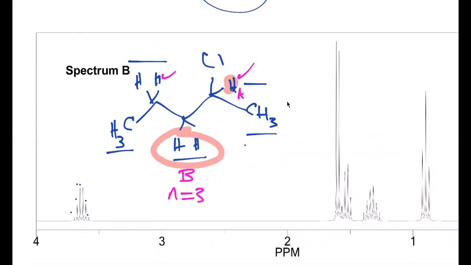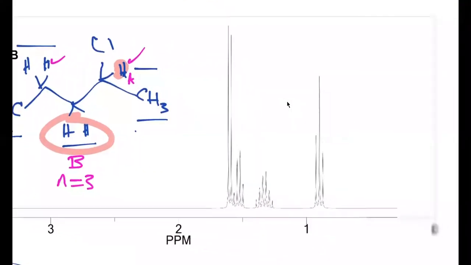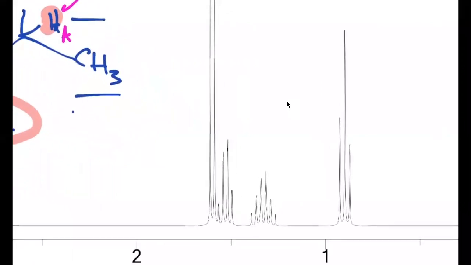Let's see if we can find a quartet down here in this mess. Do you see a quartet? It's kind of overlapping with what's next to it, but that has the symmetry of a quartet, doesn't it? You see how the 2 middle lines are taller than the 2 outside lines. Yeah, it's a little bit wobbly, but it is a quartet.